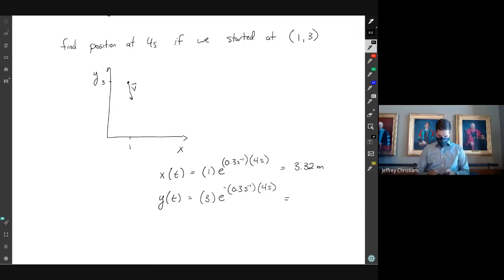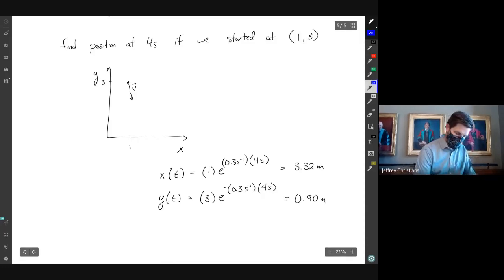My final y position is e to the negative of that. So this is 3 times e to the minus 1.2. My final y position is 0.90 meters. So I start here.